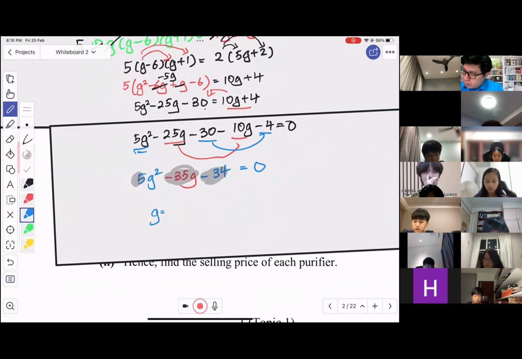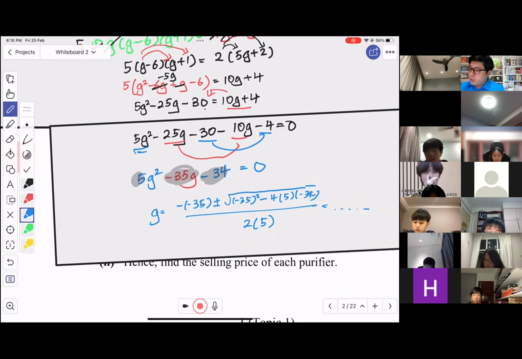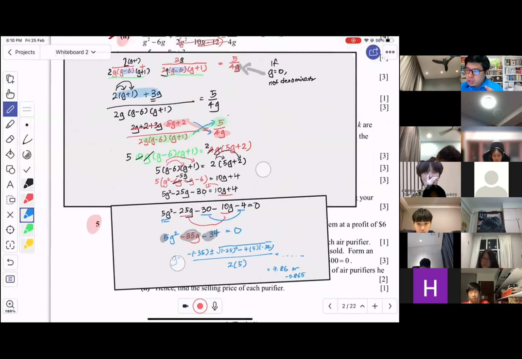So g equals negative b plus minus square root of b squared minus 4ac, over 2a. Now just solve it. You will get your answer, which is 7.86 or negative 0.865. So this is the final display of question 1H.